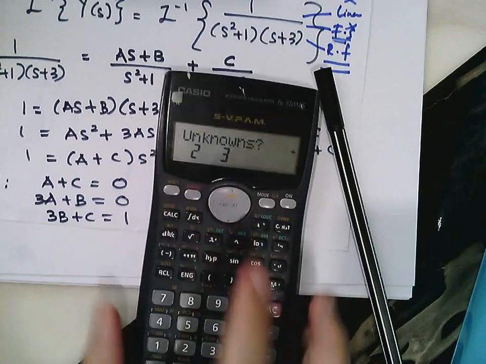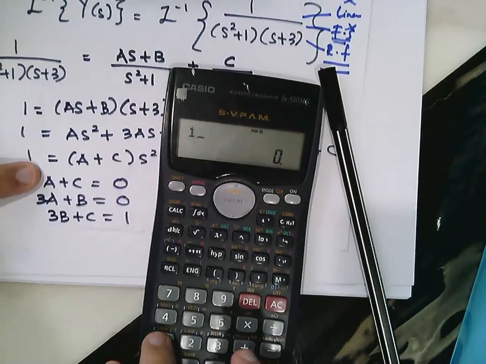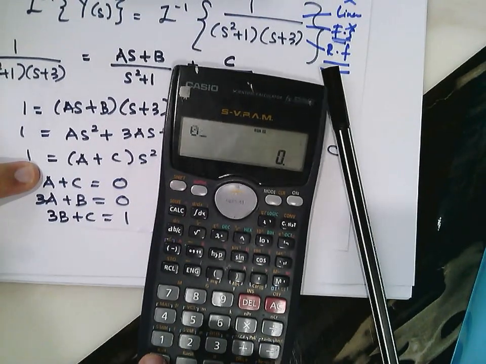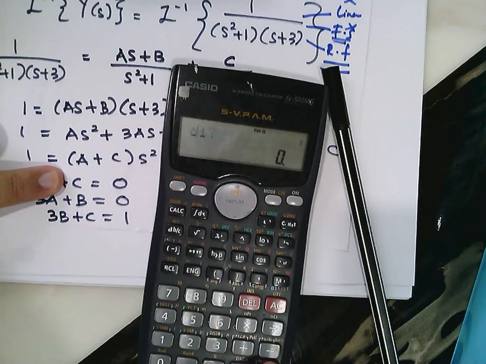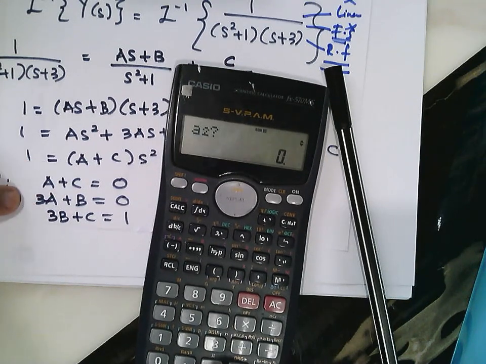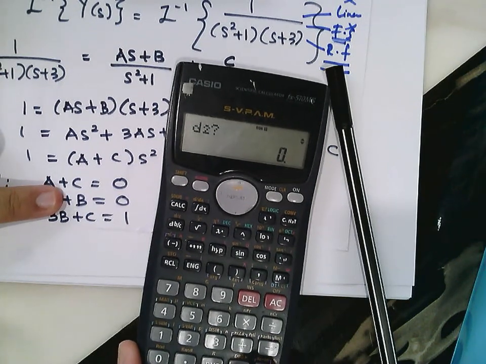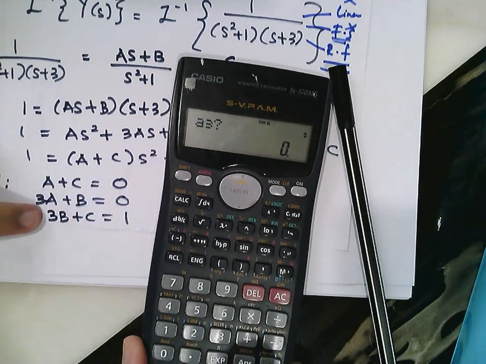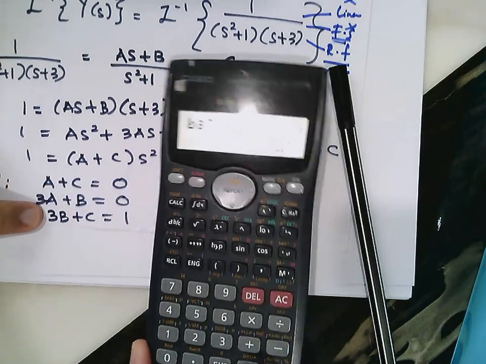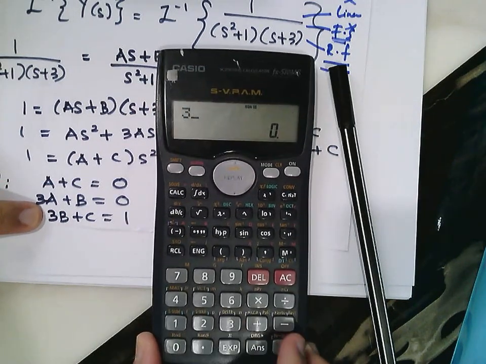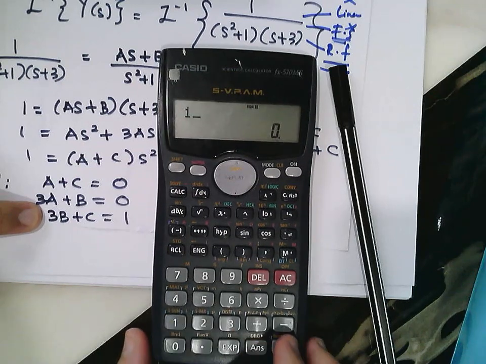Now your unknown is 3. So the first one is A = 1, B = 0, C = 1, D = 0. Equation 2, A = 3, B = 1, C = 0, D = 0. And the last one, A = 0, B = 3, C = 1, and D = 1.